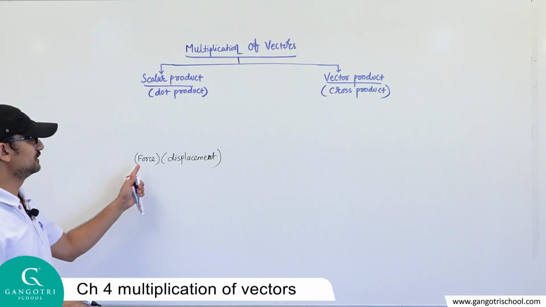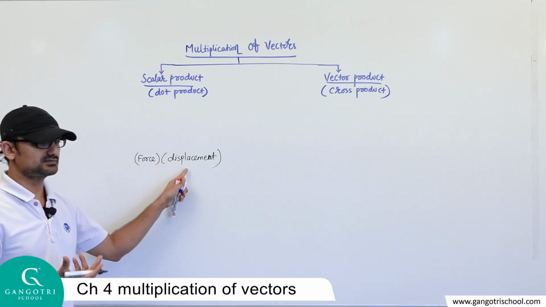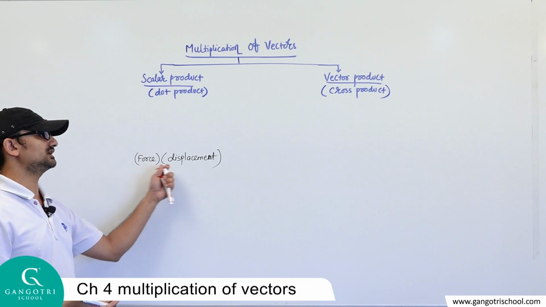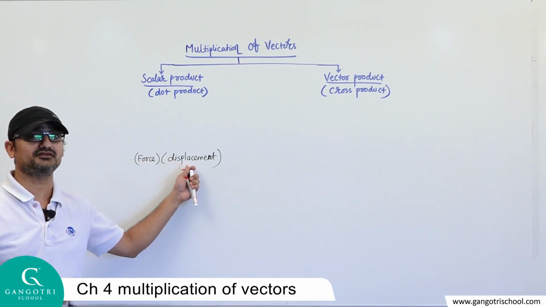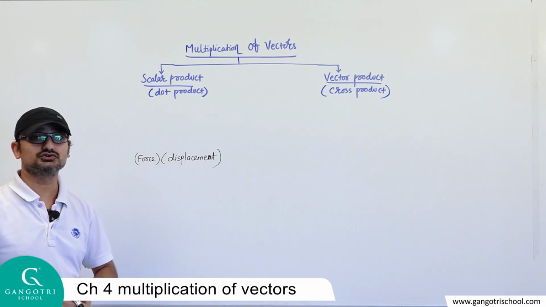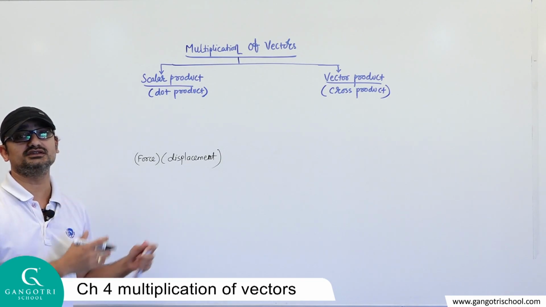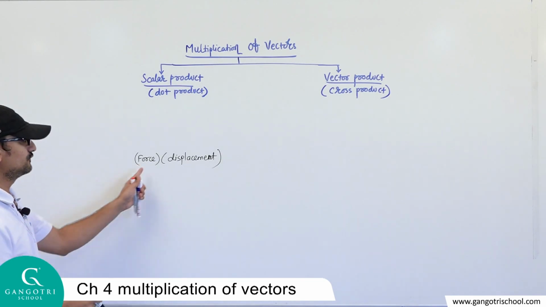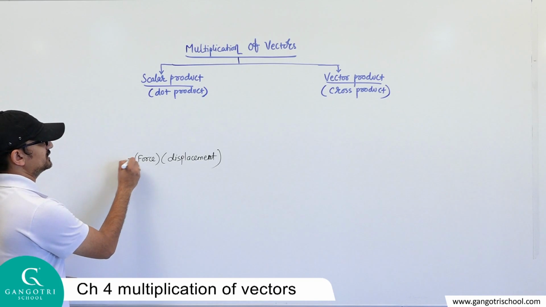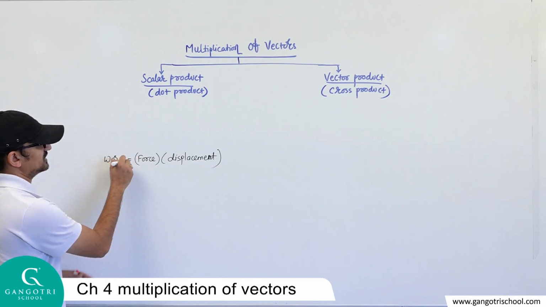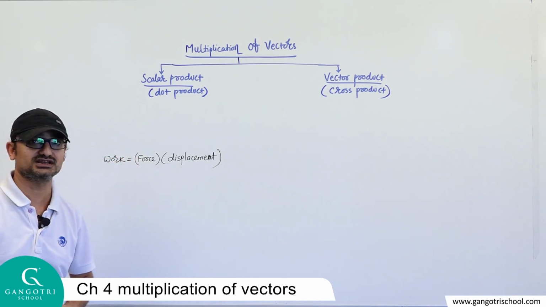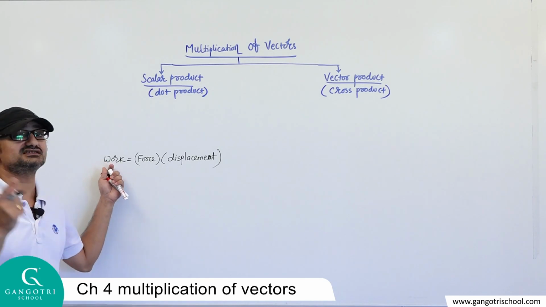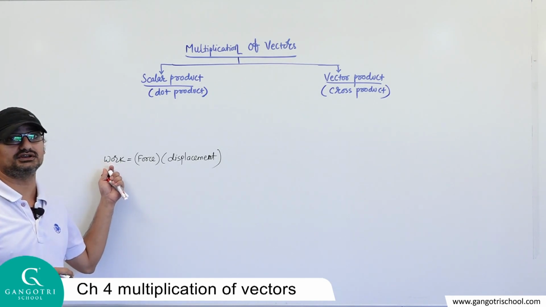But dear student, force is a vector, displacement is also a vector, but the multiplication of these two is a familiar equation. I think you observed it in the 8th, 9th or 10th standard. Force into displacement gives us work. Work is equal to force into displacement. But on the left hand side, work is a scalar quantity.